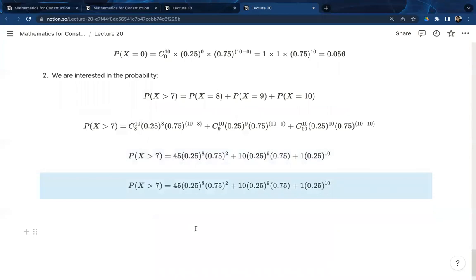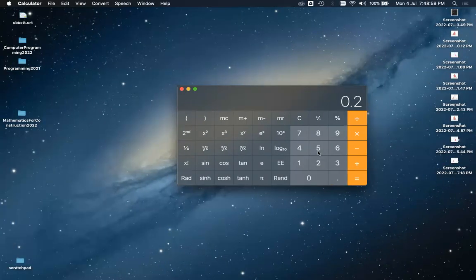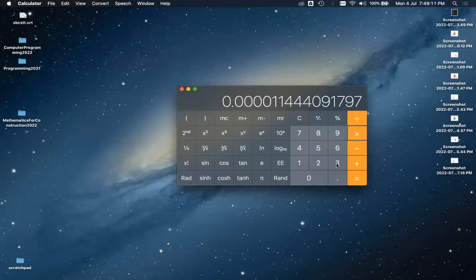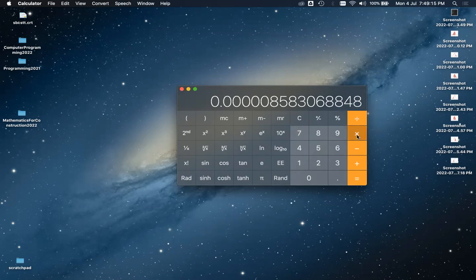So 0.25 to the power 8 multiplied by 0.75 squared multiplied by 45.